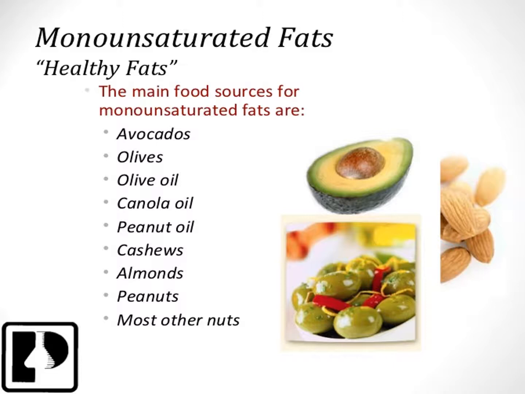Then any of the nuts, mainly the cashews, the almonds, the peanuts, and walnuts, would be good. There's a recommendation of having maybe a handful of almonds per day. Not a ton of them, but just a small handful of almonds or walnuts per day.